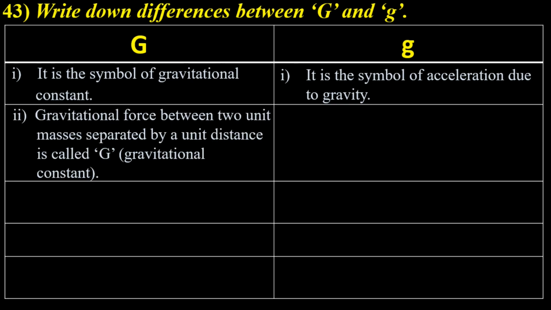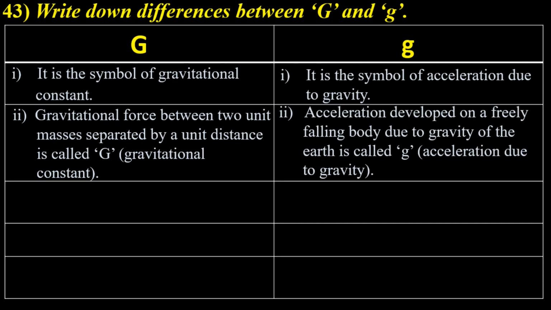Gravitational force between two unit masses separated by a unit distance is called capital G, means gravitational constant. It was defined in previous class also. And secondly, an acceleration developed on a freely falling body due to gravity of the earth is called small g, that is acceleration due to gravity. It was also defined in previous class.